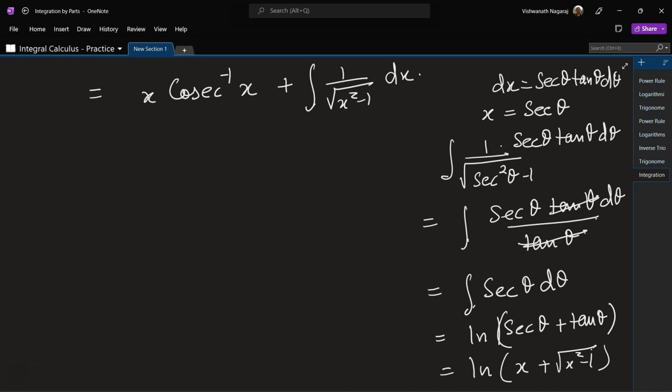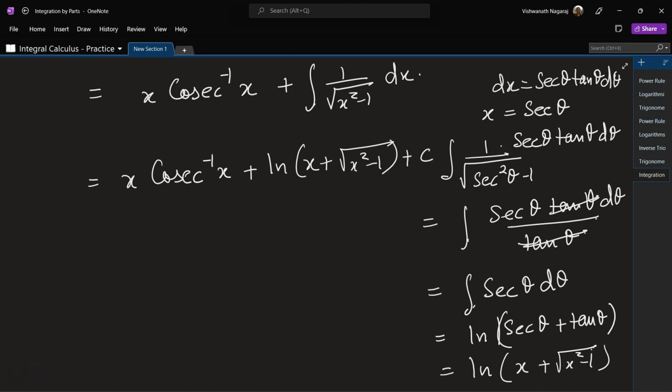So we have got this. Let's write this into our main flow: x cosec inverse of x plus natural log of x plus square root of x square minus 1 plus c.